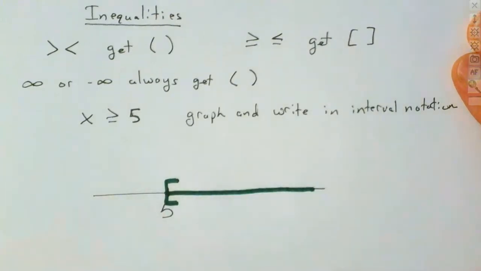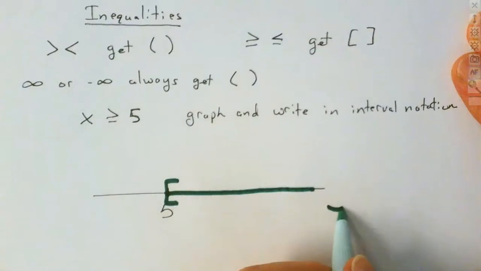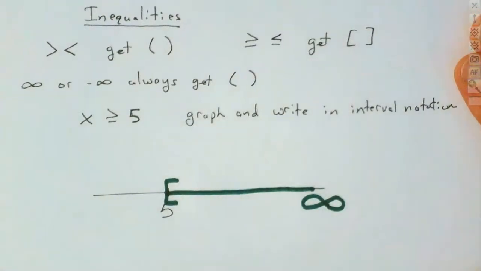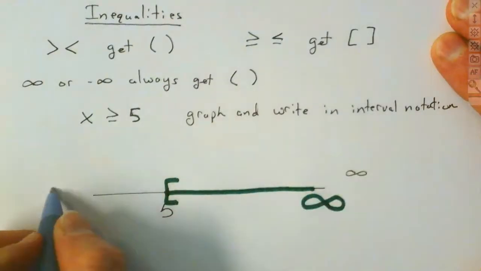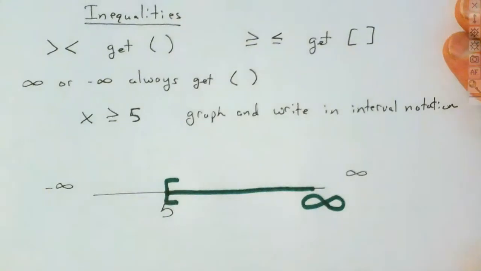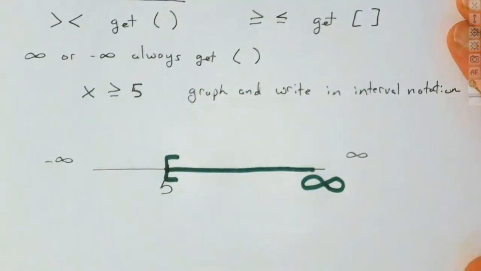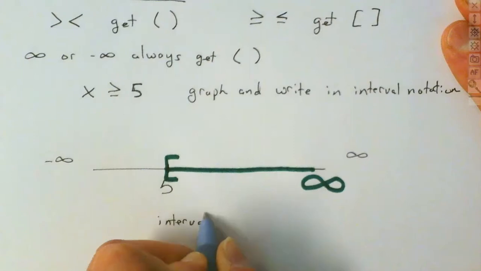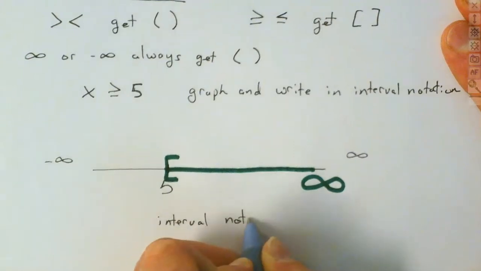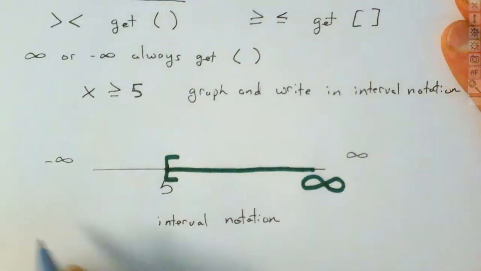Now, where does it go to? Okay, if it goes out to the right, it goes out to positive infinity. Because this is positive infinity. This is negative infinity. Now, what is this going to look like in interval notation? Well, in interval notation, it's going to look like this.